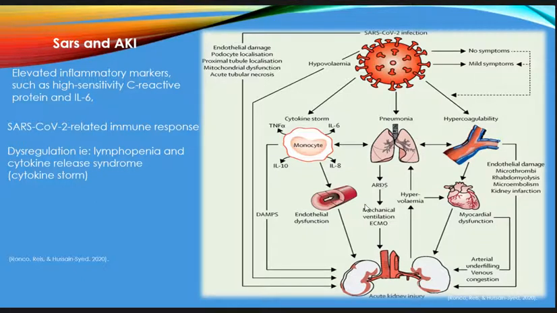At this point, we're purely on a defensive mechanism. The COVID 19 has replicated itself inside the cell. It is now extracellular and attached itself to other ACE2 receptors on other cells, such as the myocardial, and you're going to have myocardial dysfunction, arterial underfilling, venous congestion, because the kidneys simply aren't working.